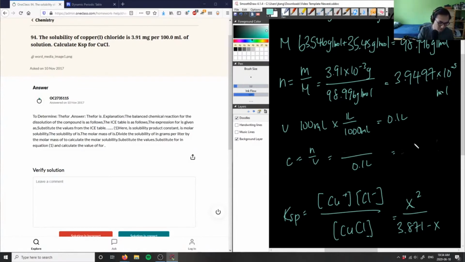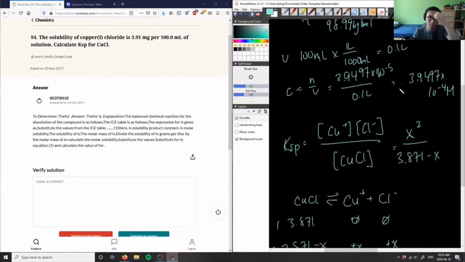Let's look at that. So it would be, again, 3.9497 times 10 to the negative 5. And let me divide this by 0.1. So I get 3.9497 times 10 to the negative 4. This is in molarity now.